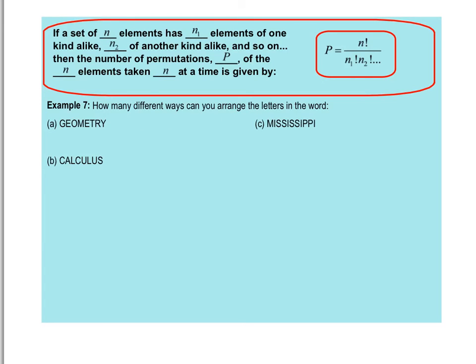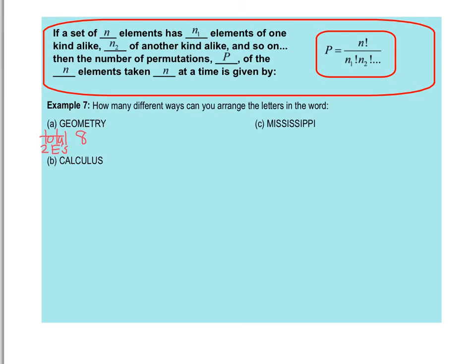So it says, how many different ways can you arrange the letters of the word? Let's start with geometry. Now notice here that we have repeats. First of all, for geometry, we have a total of 8 letters, but we have repeats here. In this case, we have 2 E's.